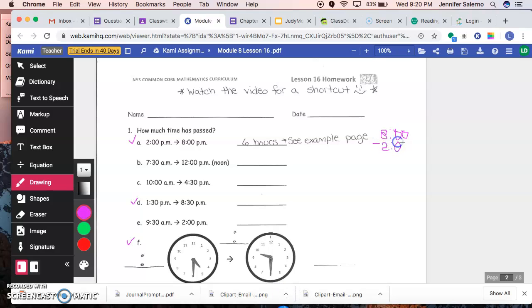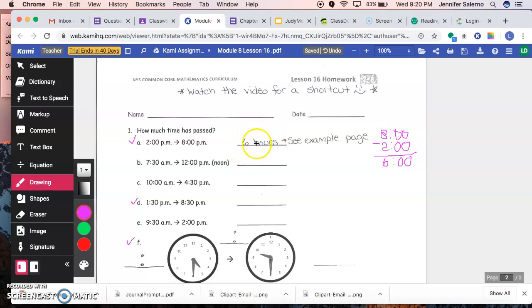Okay, that's it. And again, the only reason I'm allowed to do this is because these numbers are the same, 0, 0. So now when I subtract, I have 0, 0, I bring down, and then 8 minus 2, I know is 6. So how much time has passed? My answer would be 6 hours.